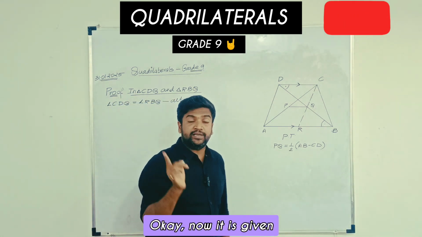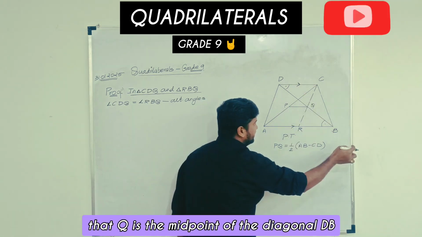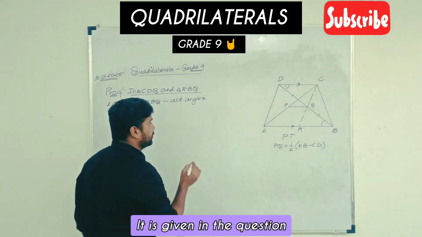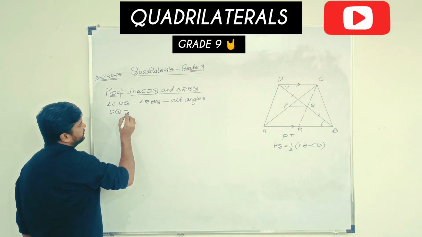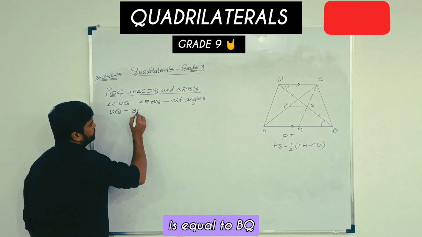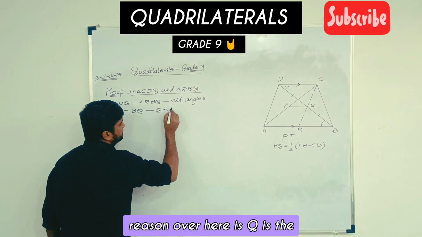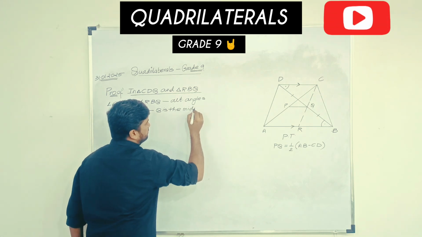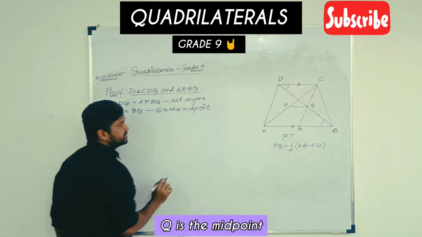Okay, now it is given that Q is the midpoint of the diagonal DB, so 100% DQ is equal to BQ. It is given in the question. The reason over here is Q is the midpoint.